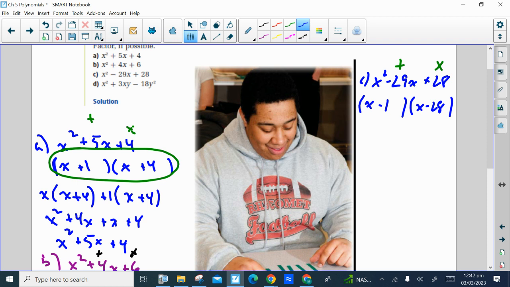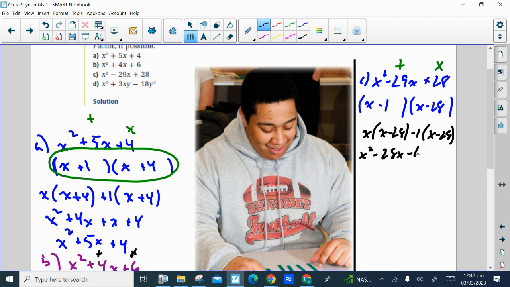So there's your factors. We think. How do we know for sure? Well, we check by multiplying. Using the distributive property, x times x gives us our x squared. x times negative 28 is negative 28x.